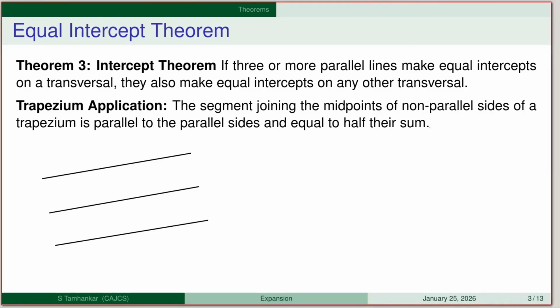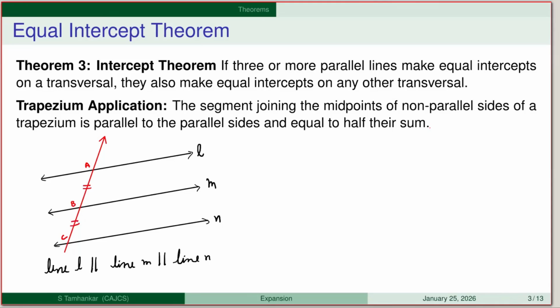Let us call these parallel lines L, M, and N. So we have line L parallel to line M, parallel to line N. Now I'm going to draw a line cutting these lines at points A, B, and C. If it so happens that these are equal intercepts, it means AB is equal to BC. So if AB is 2 centimeters, BC is also 2 centimeters.